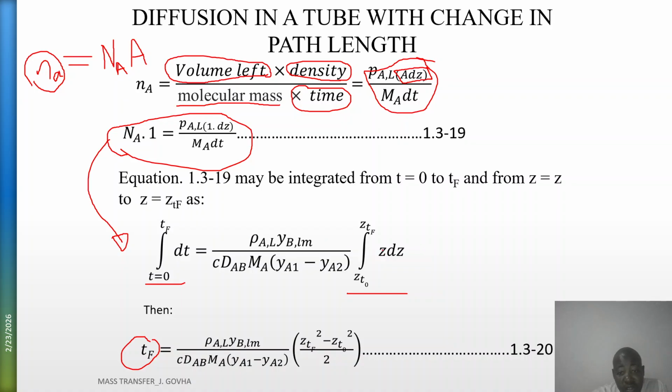Right. To avoid any confusion, where you would want to understand where YA1 and YA2 come from, it's a matter of replacing your PA1 and PA2 and converting those to mole fractions, as indicated there.